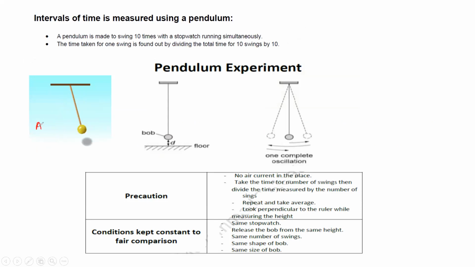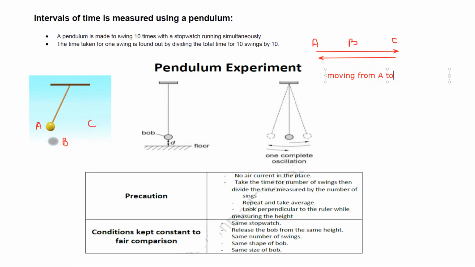If I label the positions, this is position A, the center is position B, and this is position C. When this pendulum is vibrating from A to B and then B to C, and from C it returns back to B and then to A, going from A to C and returning back is called one oscillation, or you can also say one vibration.